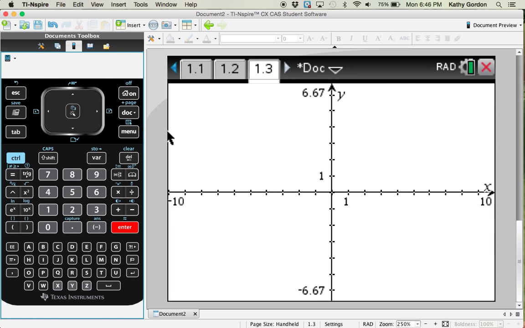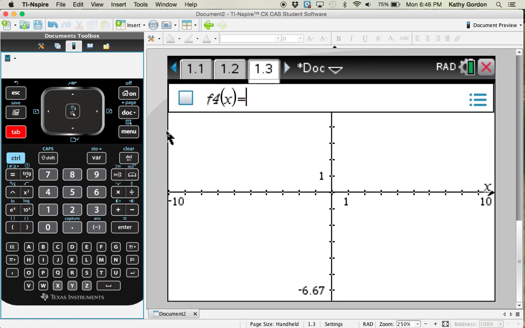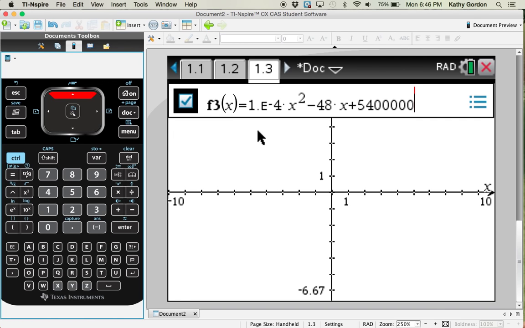Now, if you think about it, let me go back to my equation here for a second. I have just written an equation that has a y-intercept of over 5 million. So it should not be terribly surprising that I'm not seeing anything from 1 to 7.